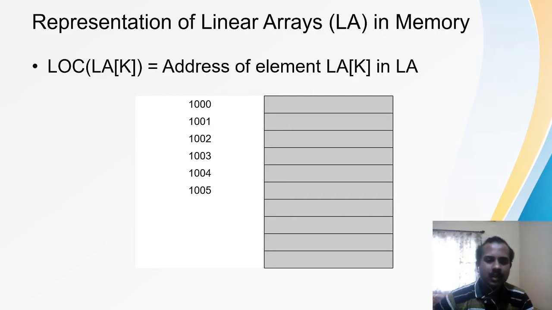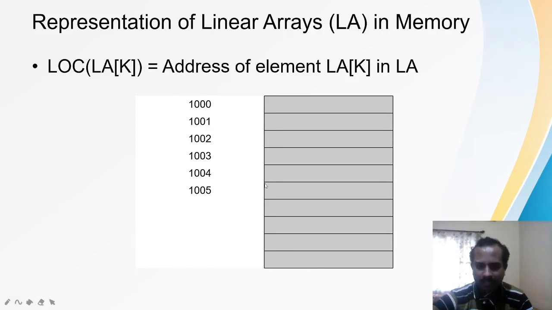Now let us say that you want to find the location of some particular element. How are we going to represent it? LOC(LA[K]), that is, the location of LA of K. What is K? K is the index: first index, second index, third index, fourth index, fifth index, like that.